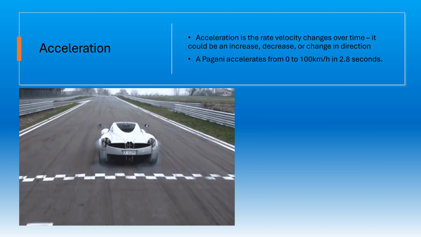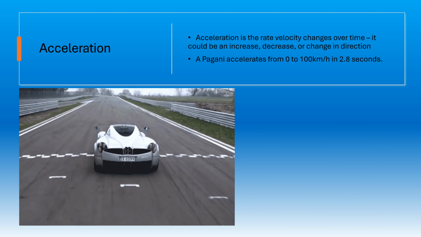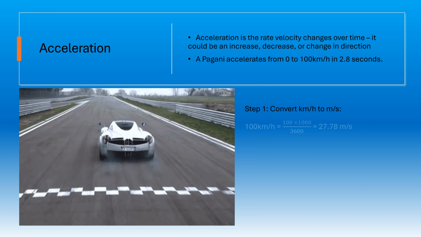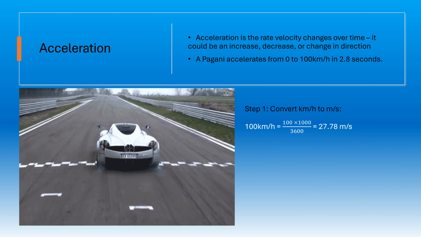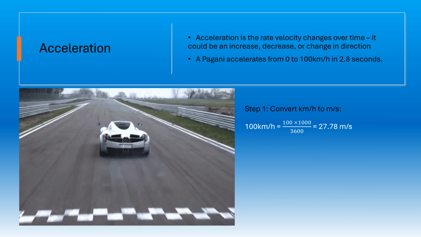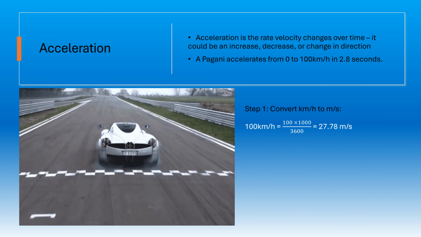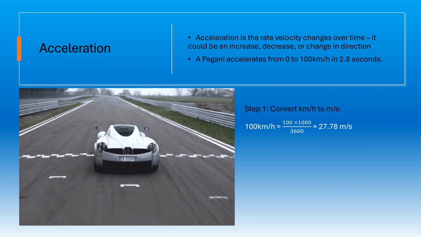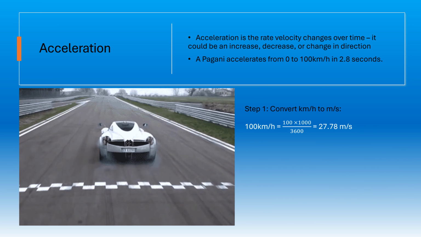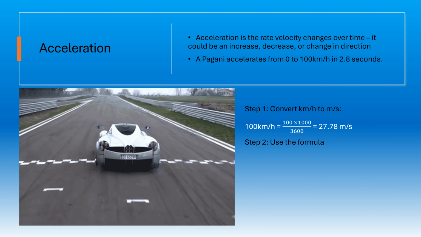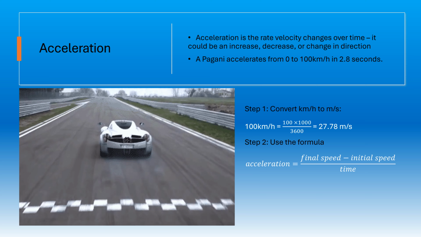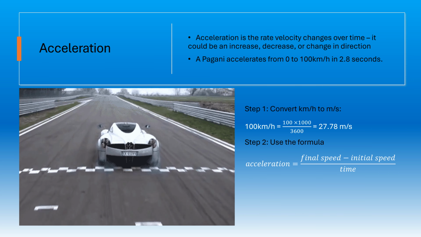Step one to calculating its acceleration would be converting kilometers per hour to meters per second. So 100 times 1000 divided by 3600 is equal to 27.78 meters per second. Step 2 is to use the acceleration formula, which is the final speed minus its initial speed over time.